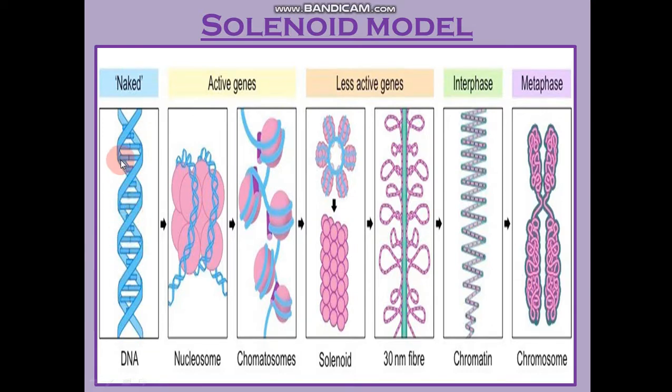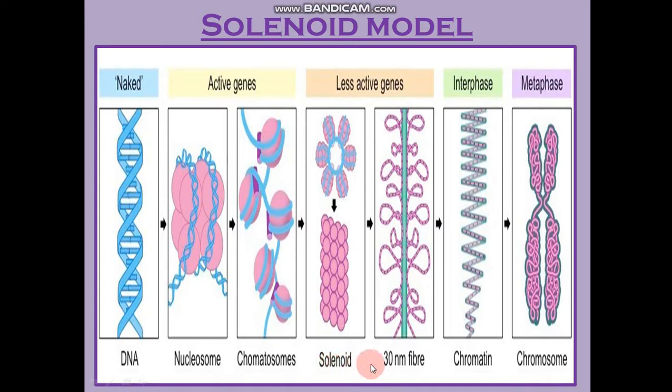So this is the naked DNA. When the naked DNA is wound around the histone protein, it is called a nucleosome. When these nucleosomes appear as beaded structures, they are called chromatosomes. When these chromatosomes are again arranged in this whirl-coiled manner, they are called a solenoid.